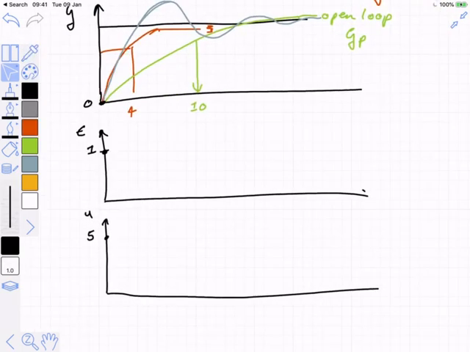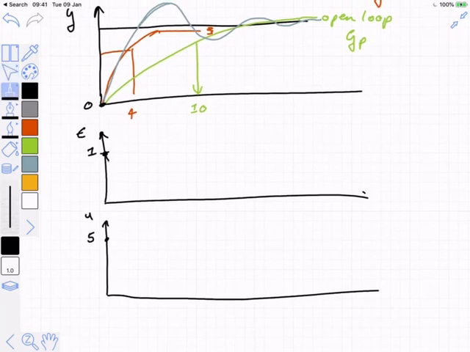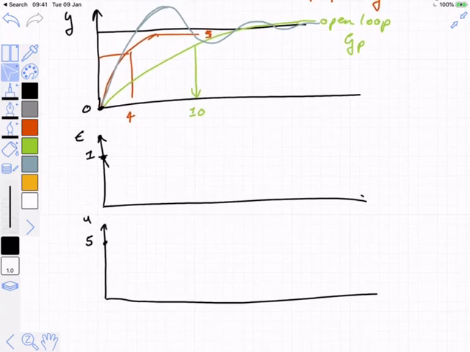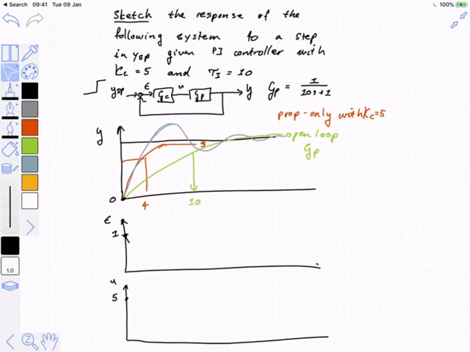Okay? But as soon as it starts moving, the error goes down. As soon as the output starts moving, we can predict this very well without even thinking about the integral, because that initial behavior is all proportional, right? So the initial behavior should be almost exactly the same for the P and the PI, as long as the proportional constant is the same.